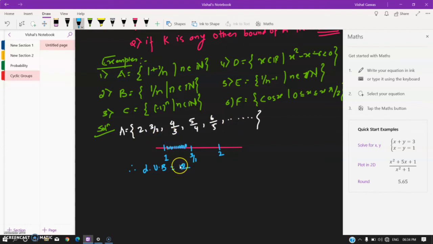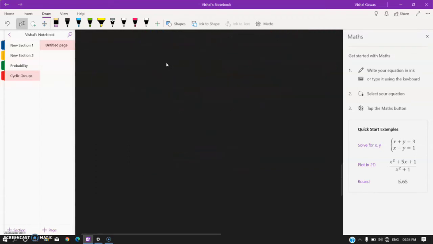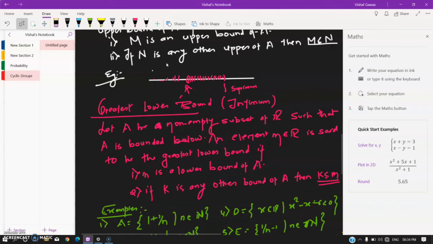So the least upper bound would be 2, and the greatest lower bound would be 1. That's the observation. We still have not proved whether this is the case, but this is just the observation we have made here. So for the time being, let's just understand what exactly the lower bound and upper bound are. And as time progresses, we would look at how we actually prove the corresponding things.